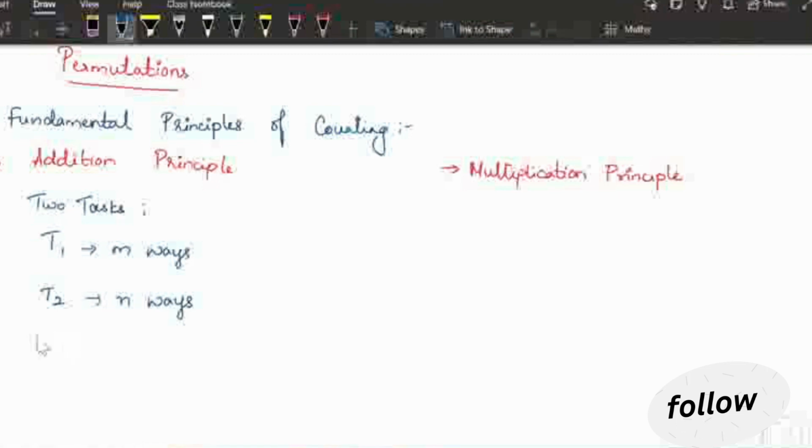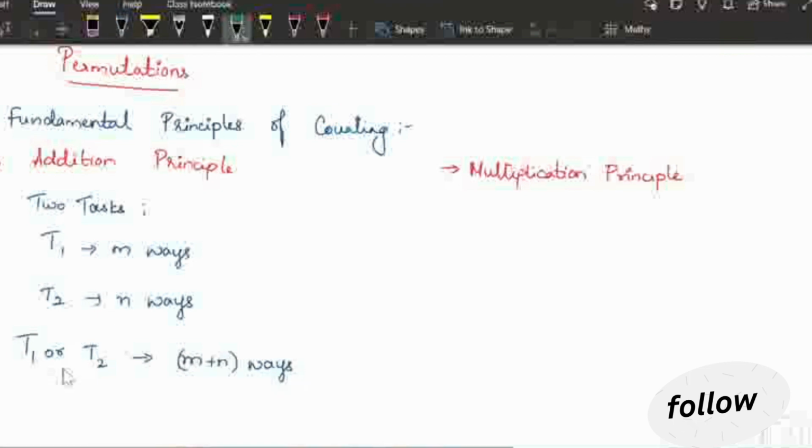Then task T1 or T2 can be done in M plus N ways. We'll see with an example, then you will understand it clearly.